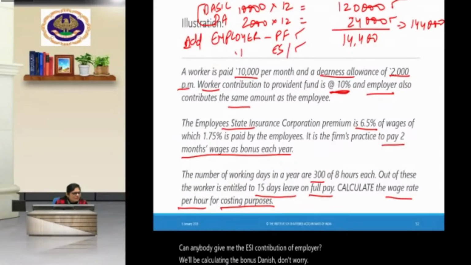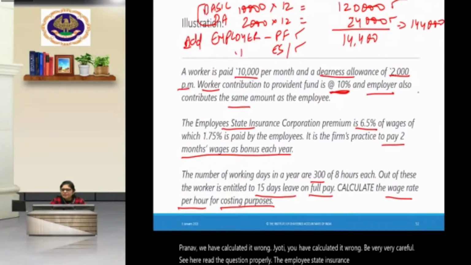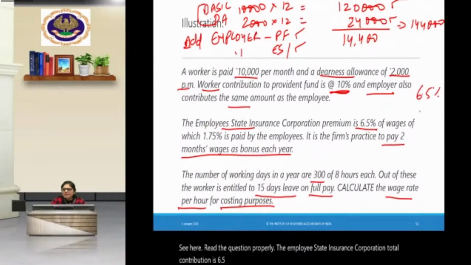Pranav, you have calculated it wrong. Jyoti, you have calculated it wrong. Be very careful. Read the question properly. The Employee State Insurance Corporation total contribution is 6.5%. That means it includes employer also and employee also. So how much is employer and how much is employee?